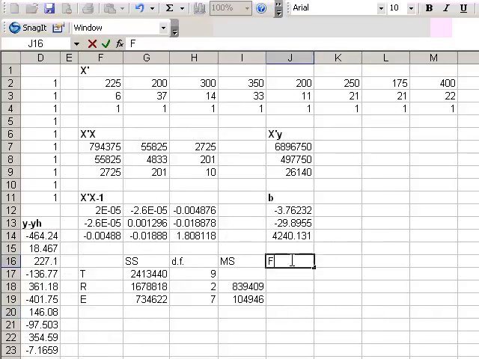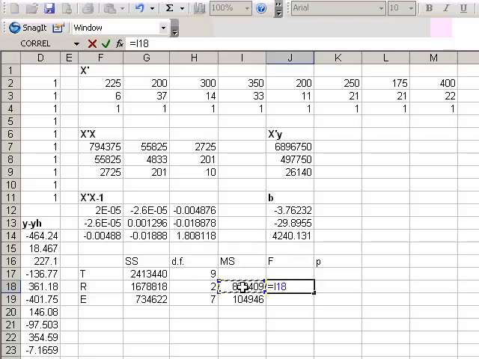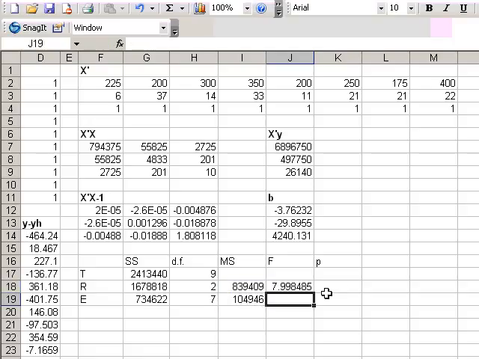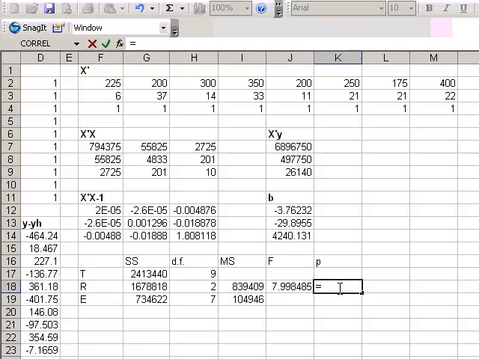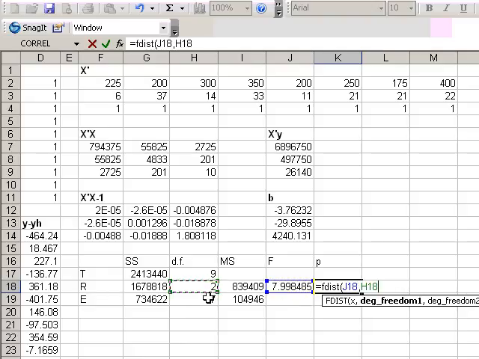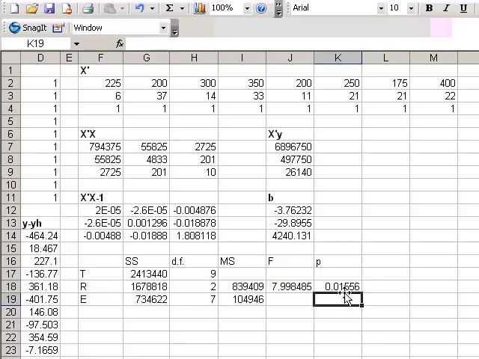Here we have the F, and we have the probability of F. The F is equal to the mean square due to regression divided by the mean square error. And the probability of that F is equal to FDIST, the value of F, comma, degrees of freedom in the numerator, comma, degrees of freedom in the denominator.